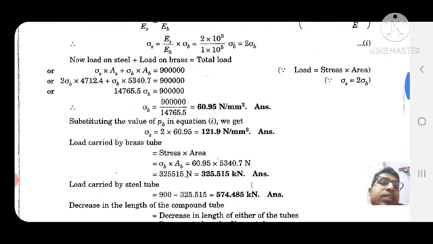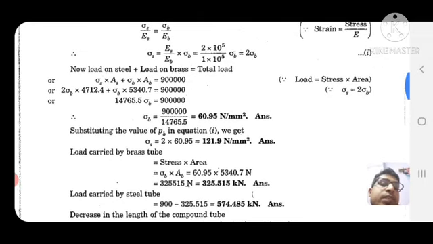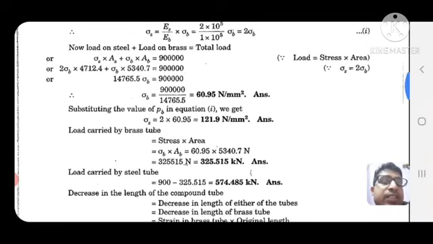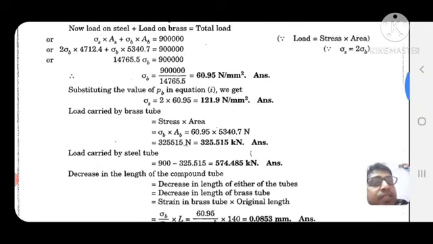Therefore sigma S is equal to 2 into sigma B. Now load on steel plus load on brass is equal to total load. Sigma S multiplied by AS plus sigma B multiplied by AB is equal to 900,000. So 2 sigma B multiplied by 4712.4 plus sigma B into 5340.7 equals 900,000.